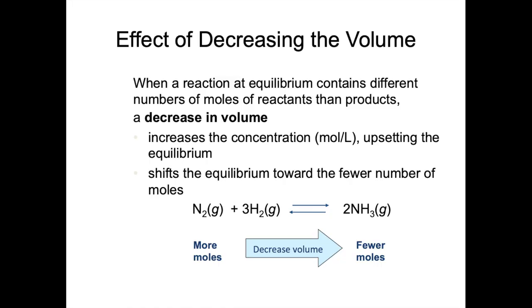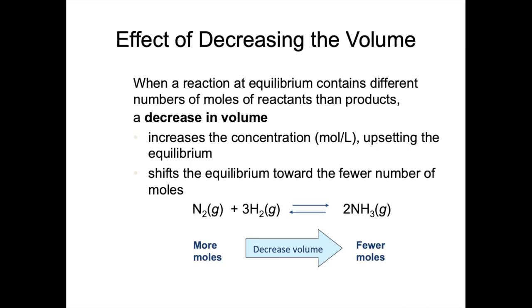Okay, so for example, here we have an equilibrium of nitrogen and hydrogen in equilibrium with ammonia. All right, so decreasing the volume will force this equilibrium towards the side of the equation that has fewer moles of gas, because those will take up less space.